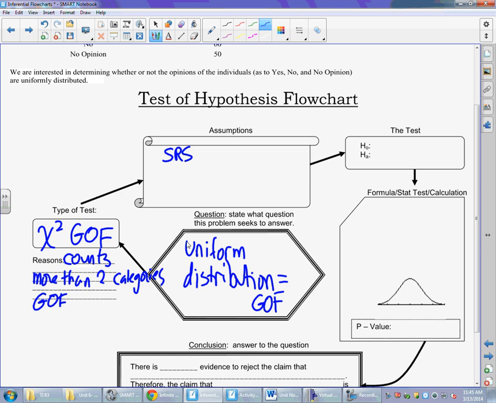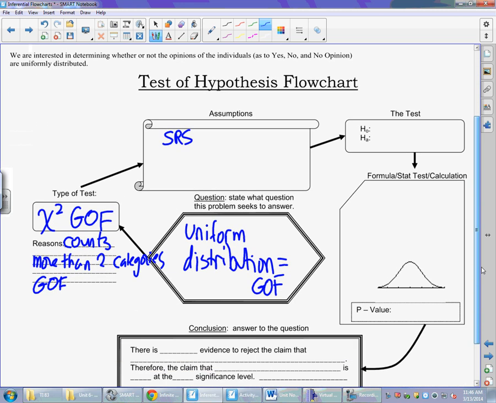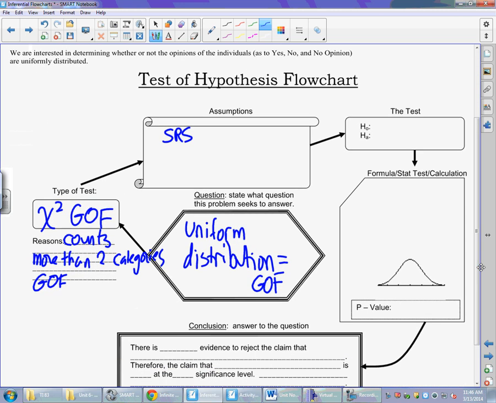And if you're asked to do a question like this, even if they don't state it, if it says determine if there's a uniform distribution, goodness of fit, or if it says specifically using a chi-square test or with a particular alpha value, even if it doesn't say it, you have to go through the motions, but you would account for that and say, but I'm suspicious about these results because it didn't say it was a simple random sample.